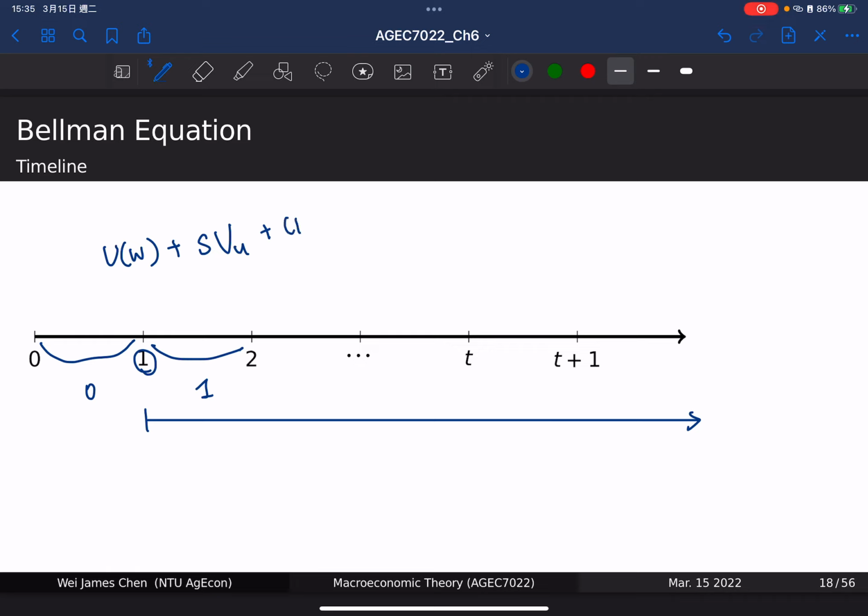And there's a chance that this person is not going to be separated, 1 minus S. If he or she is not going to be separated, then he or she will receive what? He will keep receiving VE of W.